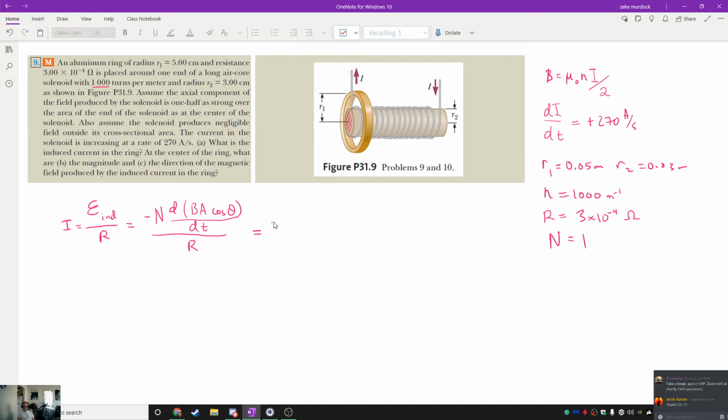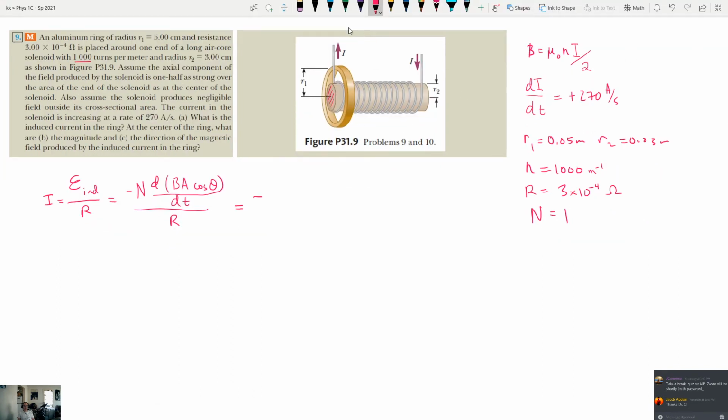So we have just negative d dt. Theta is going to be the angle between the magnetic field and the area vector. The magnetic field points which way in this problem? The magnetic field of the solenoid, I should say. Towards the right. To the right, that's right. So let's draw that on the picture right here. So the magnetic field of the solenoid is going this way. And that's going to be the magnetic field that shows up in this equation here, right?